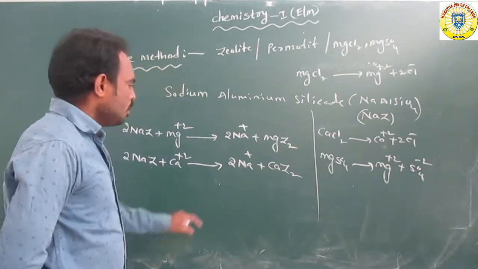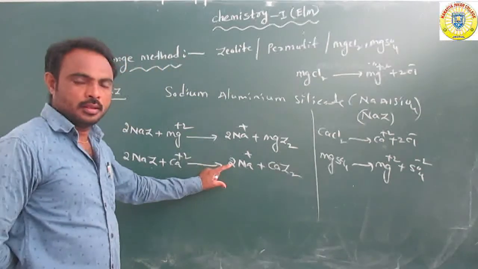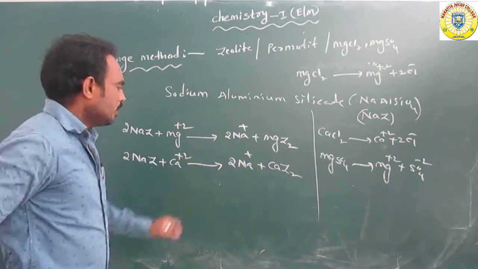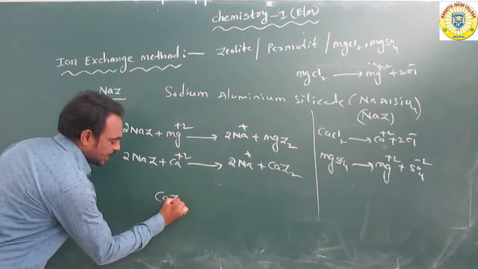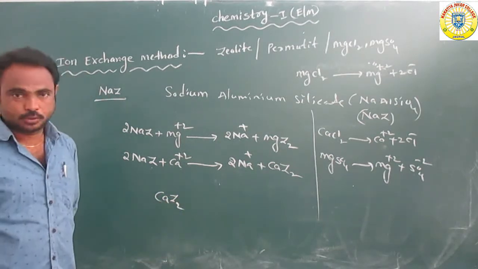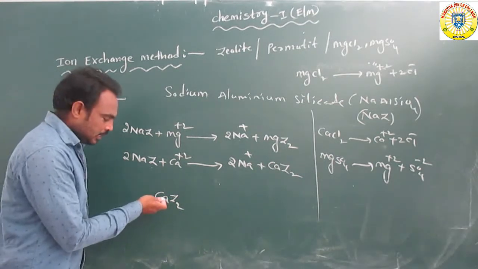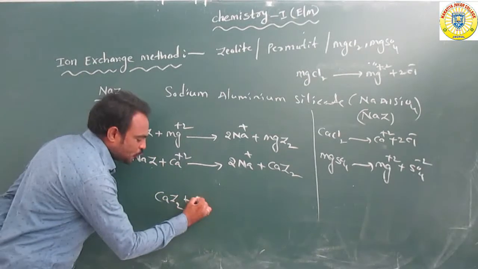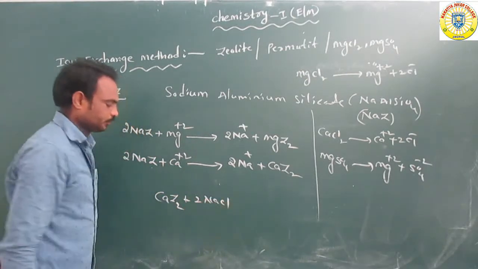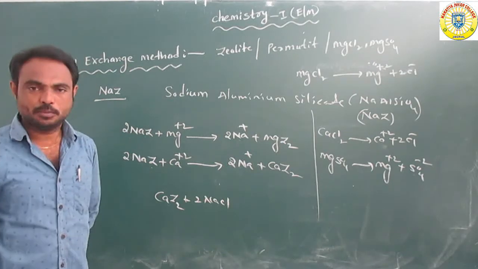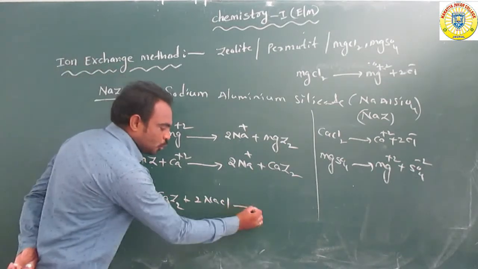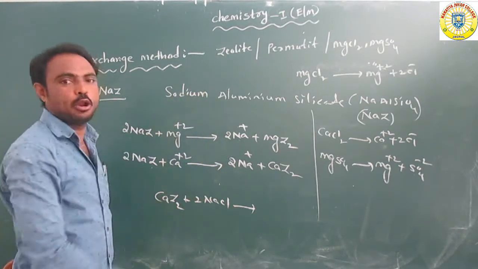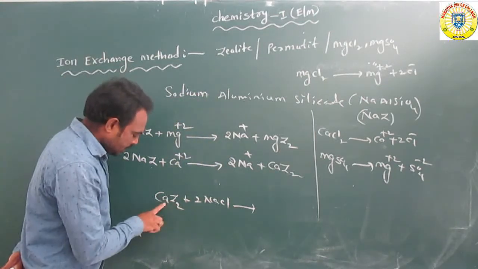Overall, we regenerate sodium permutit by adding sodium chloride. For example, to CaZ2 or MgZ2 we add sodium chloride to regenerate the zeolite.